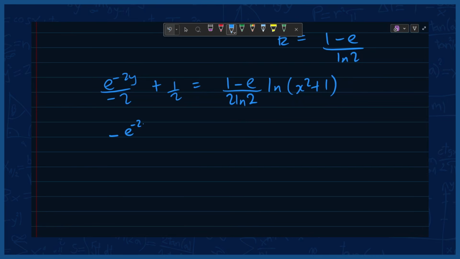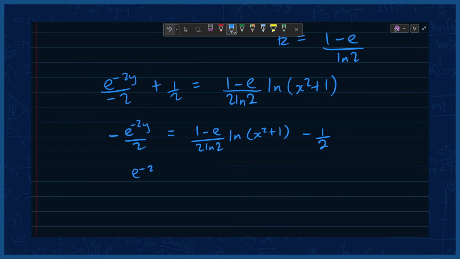So I've got negative e to the 2y over 2, and this is equal to 1 minus e over 2 ln 2, and it's multiplying the ln of x squared plus 1. And then I've got minus a half. Right, I want to get rid of my denominator here, so I'm going to multiply through by negative 2.